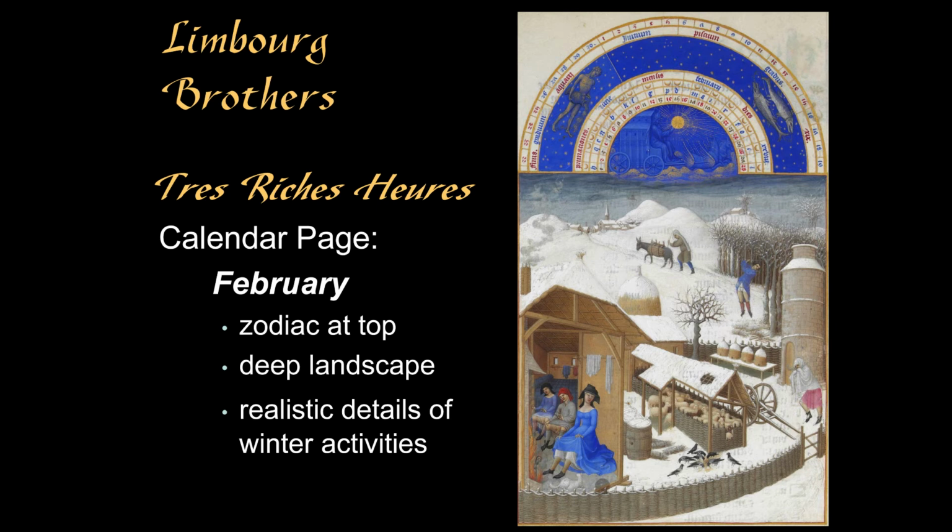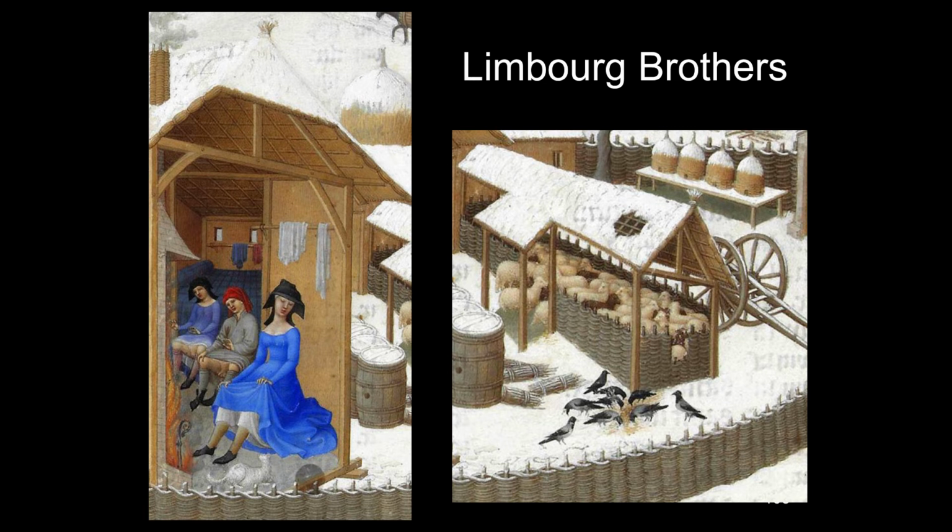So let's look at some of the details. Here we see that convention that you're familiar with from stage plays or from comic strips, where you want to see the inside of a building, so you leave out one side of the building. We accept that as a convention. We don't look at this and say, oh, those poor peasants, they didn't have that side of the building. We know that the artist wanted us to see inside.